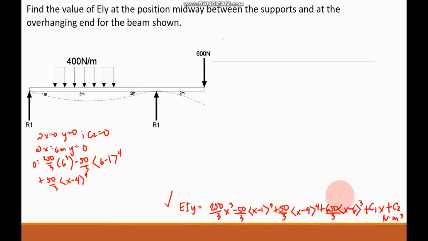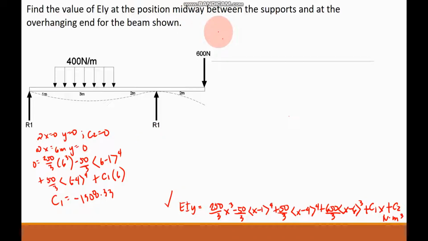So 0 na dito sa part na to, plus C1 multiplied by 6. Therefore, our C1 is equal to negative 1,308.33.